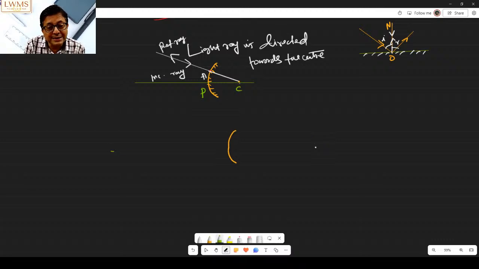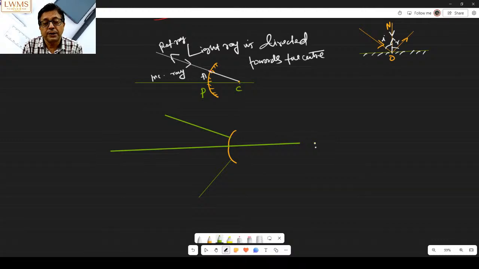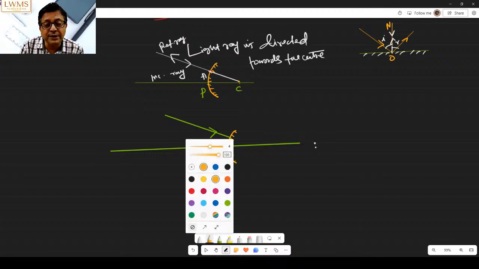Imagine we are sending 2 rays in this manner. One ray directed this way, another ray directed this way. These 2 rays are going this manner, and this is a convex mirror only. Then these 2 rays are supposed to meet at a point. You should agree with me.